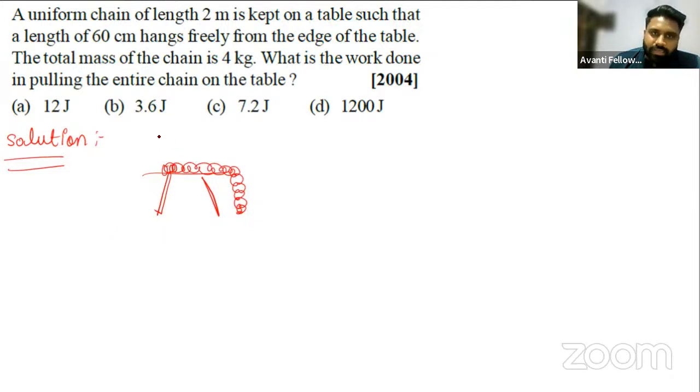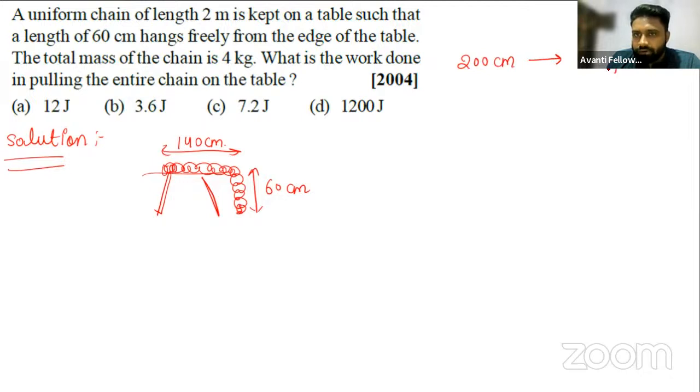Okay. The entire length is 2 meter and the hanging length is 60 centimeter. 2 meter means 200 centimeter, which means 140 centimeter you have on the upper side. Now if I ask you what is the weight of the hanging portion, you will calculate that 200 centimeter has a mass of 4 kg because the entire chain has a mass of 4 kg, which means this 4 kg mass is distributed over 200 centimeter.